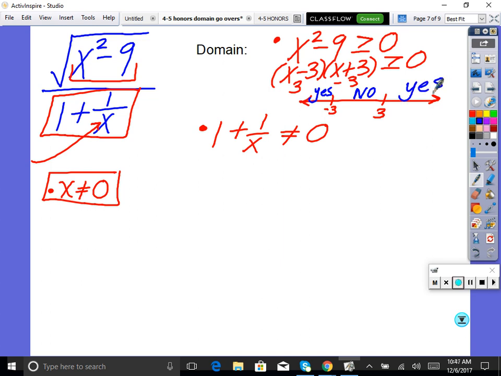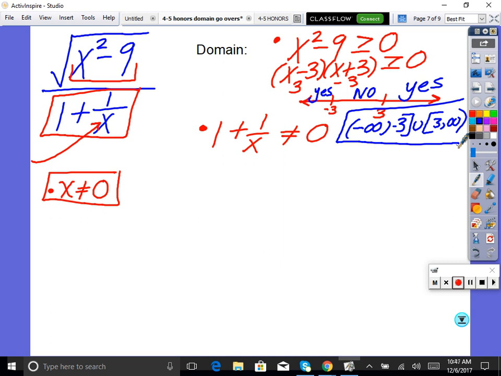Yes. So right now, for this piece, my domain is negative infinity up to negative 3. And then are these yeses equal to? So is that a yes? So bracket, union, yes here, bracket 3 to infinity. We're going to combine all these in a second. So I'm going to circle that.